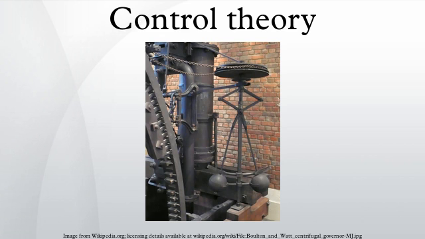This generated a flurry of interest in the topic, during which Maxwell's classmate, Edward John Routh, abstracted Maxwell's results for the general class of linear systems. Independently, Adolf Hurwitz analyzed system stability using differential equations in 1877, resulting in what is now known as the Routh-Hurwitz theorem.